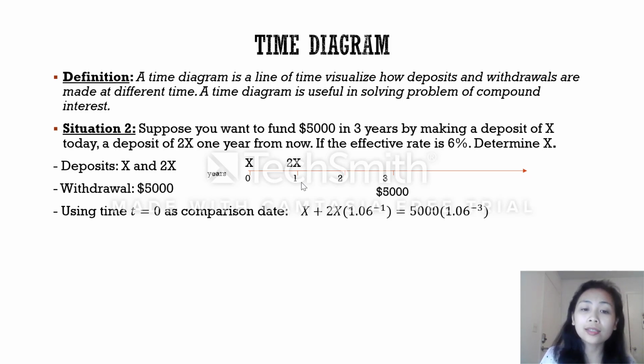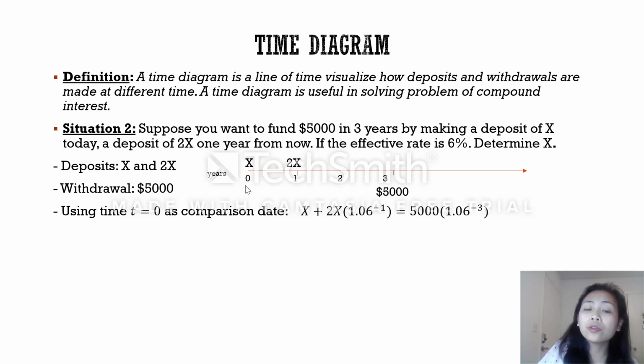For example, X is at time 0, so bringing it to time 0 you don't multiply anything. 2X from time 1 brought to time 0 you multiply by 1.06 to the negative 1, because it goes backwards one period. 5,000 at time 3 brought to time 0 you multiply by 1.06 to the negative 3, going backwards 3 periods.